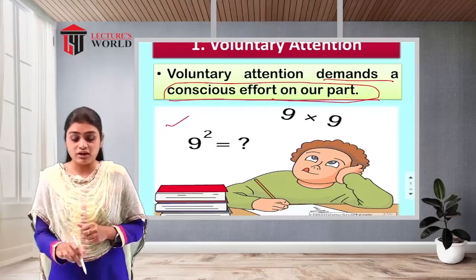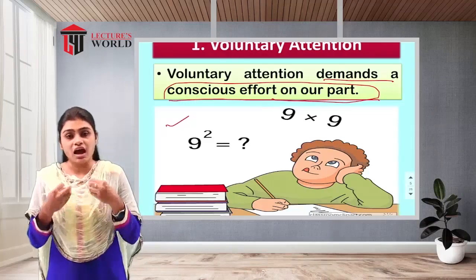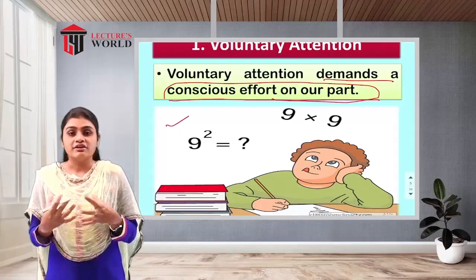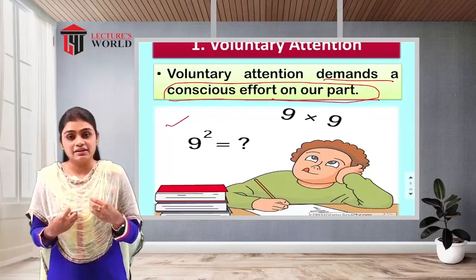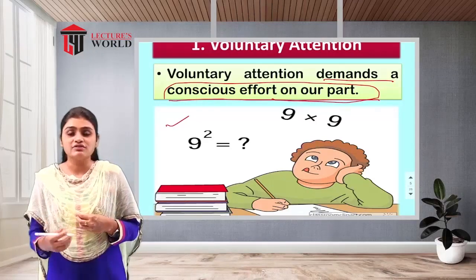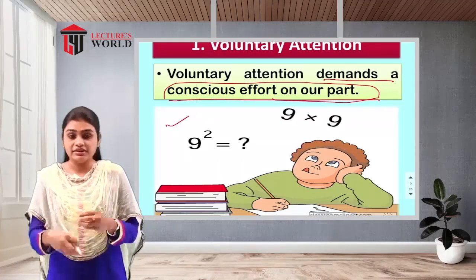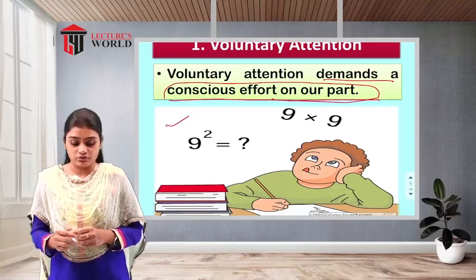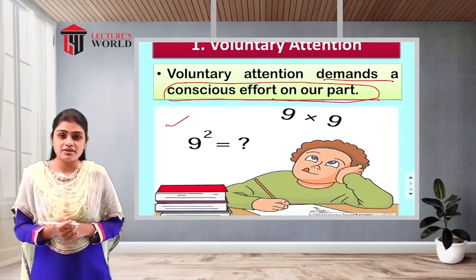So this is the voluntary attention which we are doing by our own side. We wish that we won't get punishment from our teacher, so that's why we are trying to focus and give our attention in solving this mathematics solution. So that is called your voluntary attention.